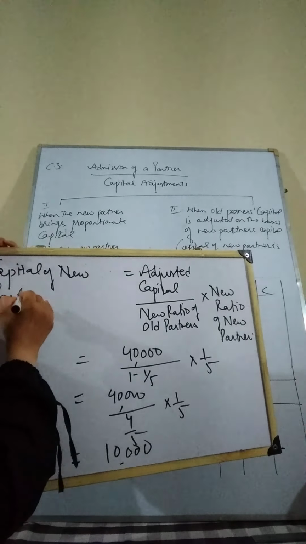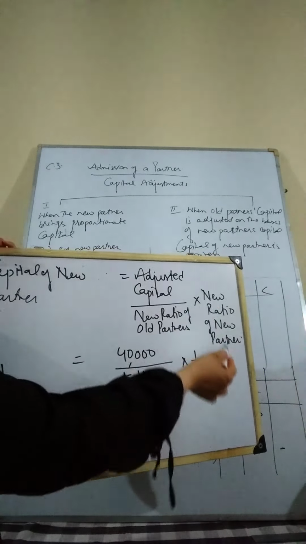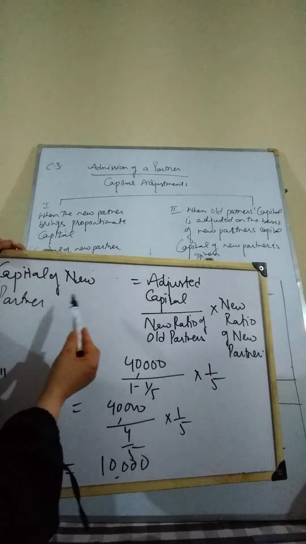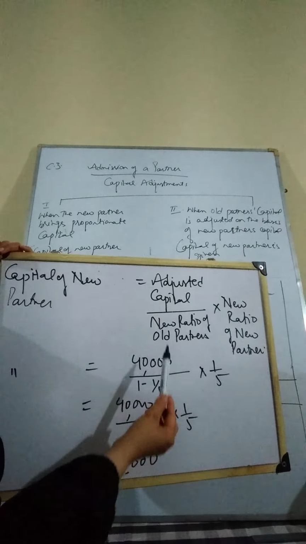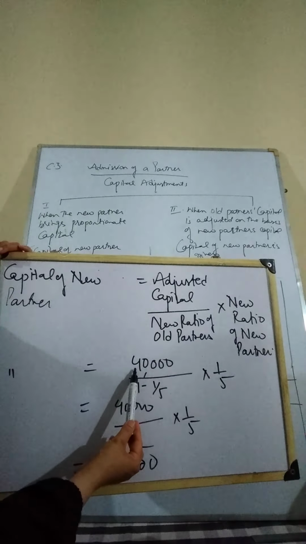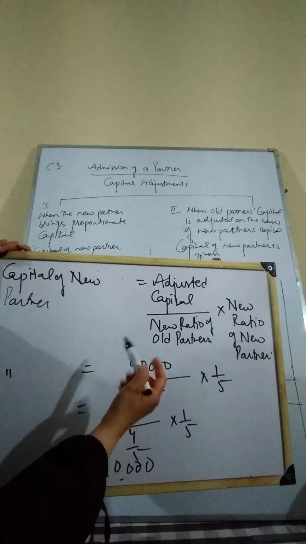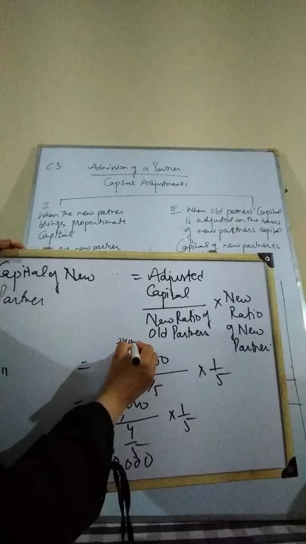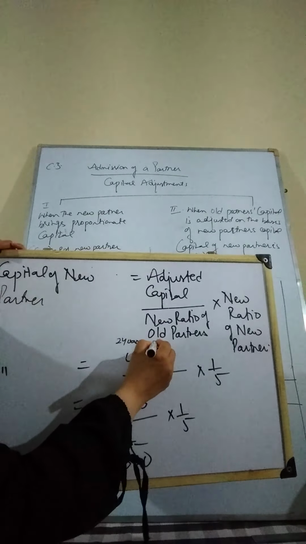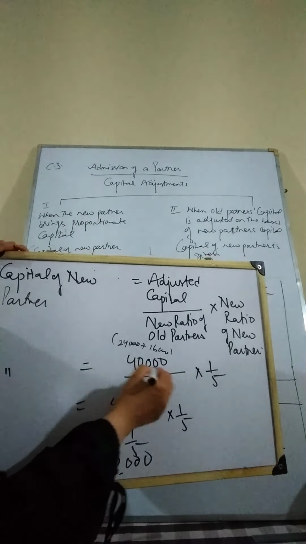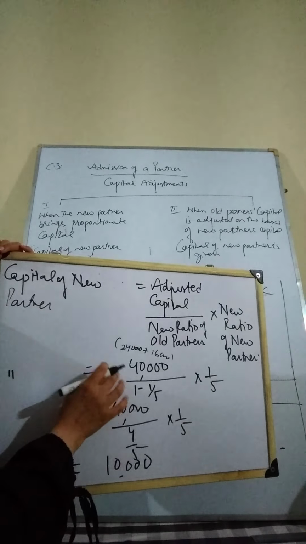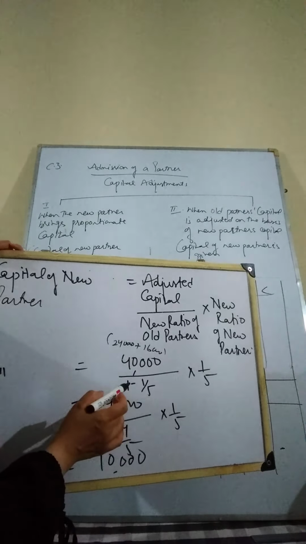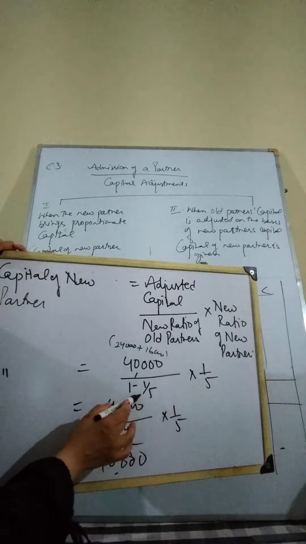Capital of the new partner, as I have already multiplied it with the ratio. Now the adjusted capital of the old partners was 40,000 because 24,000 plus 16,000 comes down to 40,000, the adjusted capital of the old partners, divided by the new ratio of old partners.